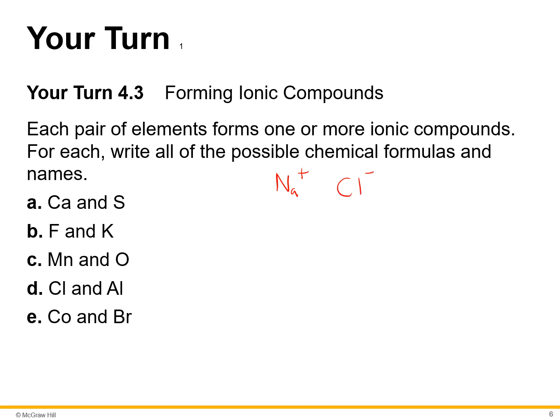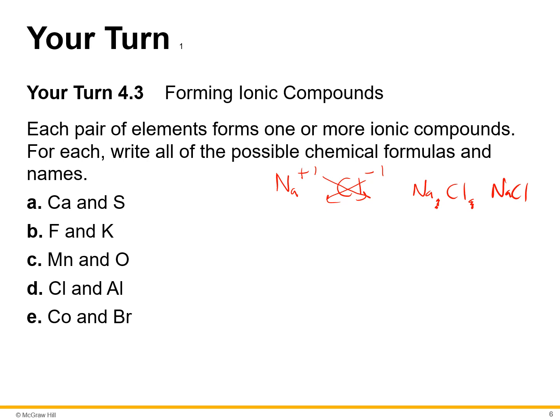What is the chemical formula when they come together? You simply crisscross the two numbers. This becomes Na1Cl1. When the 1 is a subscript, we can remove it. It's implied that there's 1. So when Na plus and Cl minus come together, you get NaCl as a product.